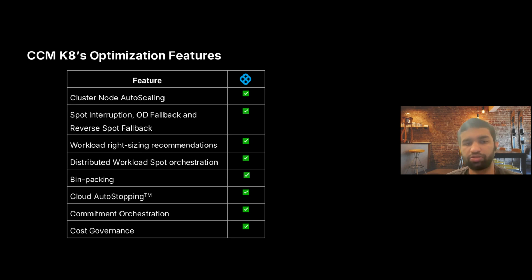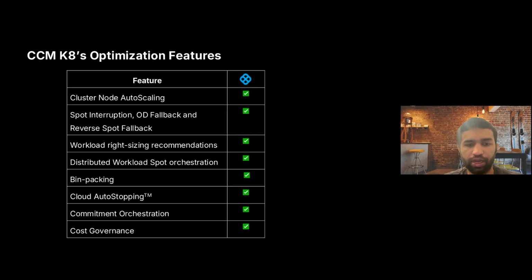It also reverts those fallbacks back to spot instances. It provides workload sizing recommendations for your Kubernetes workloads. It can distribute your workloads based on spot and on-demand instances and even utilize RIs. It can bin pack additionally. So apart from Karpenter-based disruptions, you can also add Harness-based bin packing, which adds an additional layer wherein you can make sure your bin packing is optimal and as per your needs.